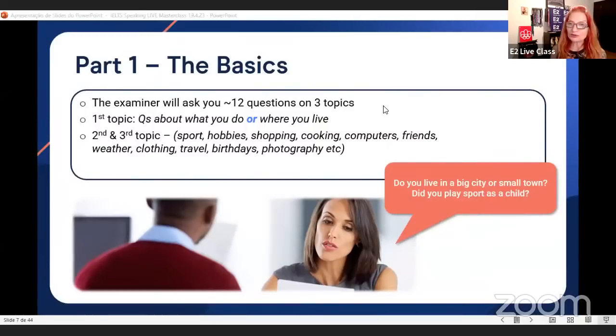And also, the questions, you should not extend too much. The examiner has a list of questions that he has to ask you, 10 to 12 questions on average. If you start to extend your answer too much, some examiners may interrupt you to move on to the next question. Some examiners may allow you to extend, and then you may be answering the next question, so then the examiner will skip.